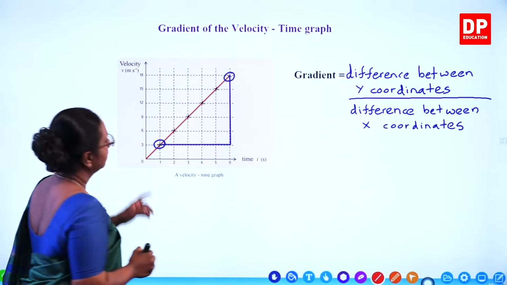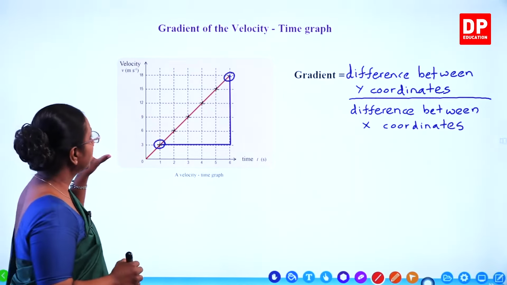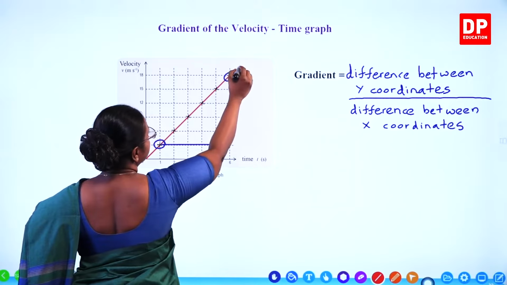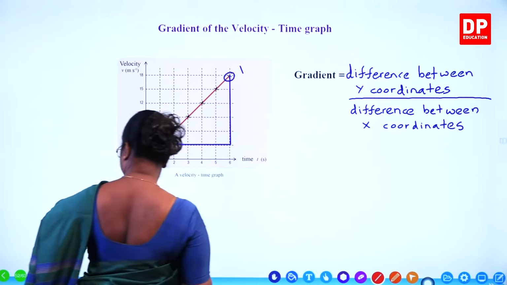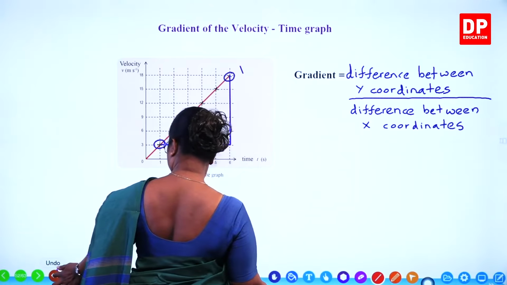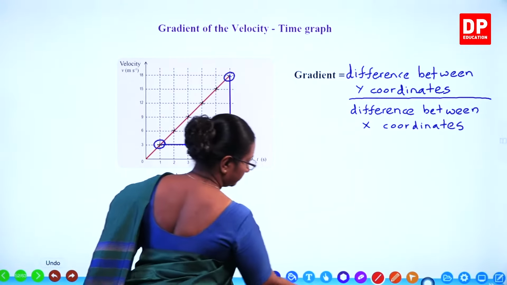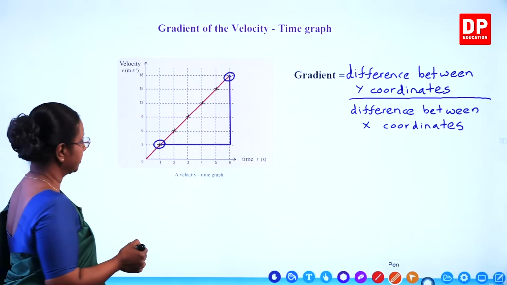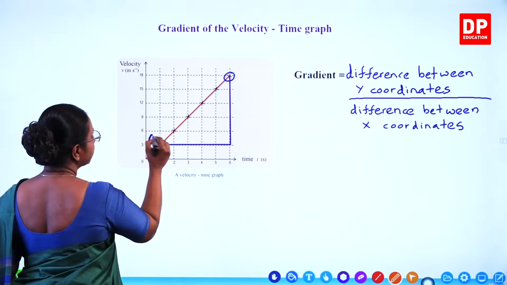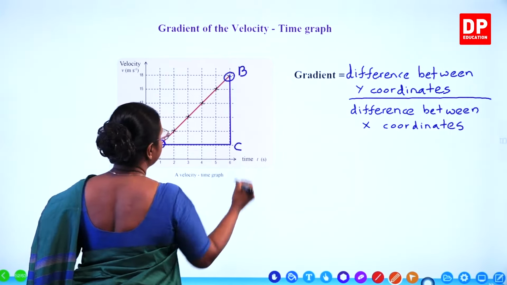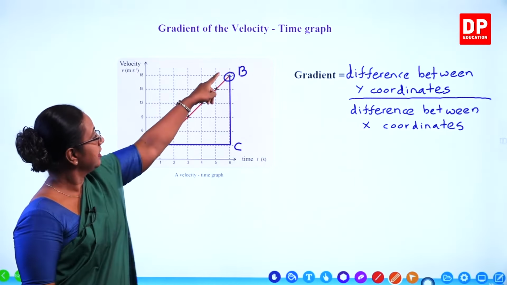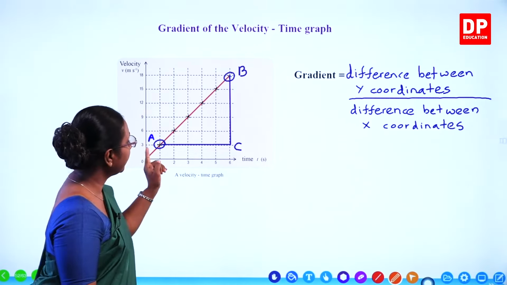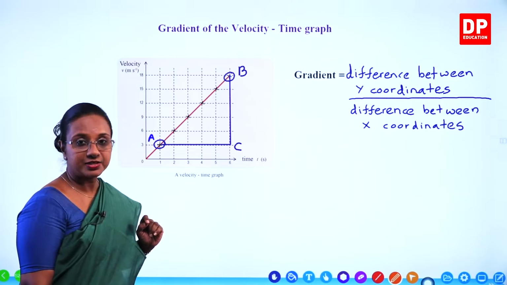triangle connecting the 2 points. So the difference in the y coordinate will be the difference between these 2 points. If I name this triangle A, B and C, the length of BC is the difference in y coordinates, and the length of AC is the difference in x coordinates.